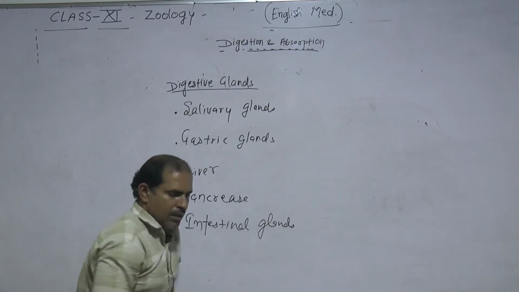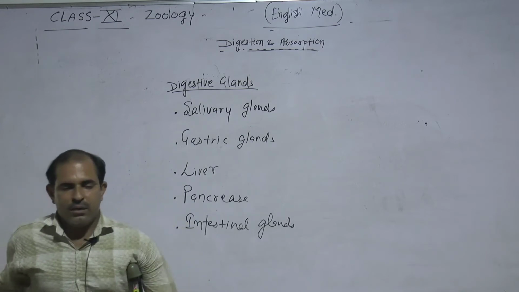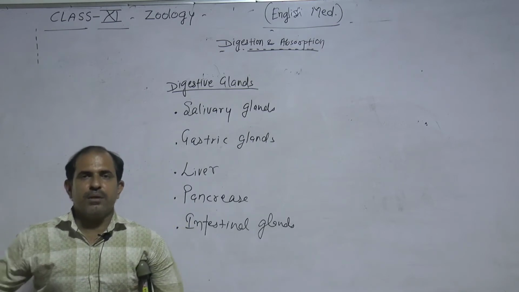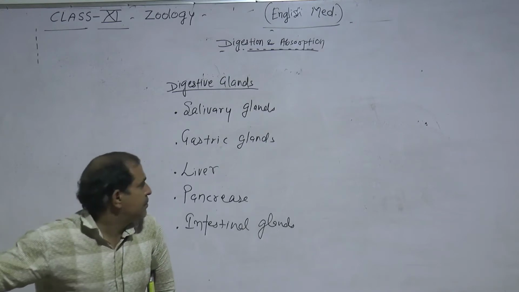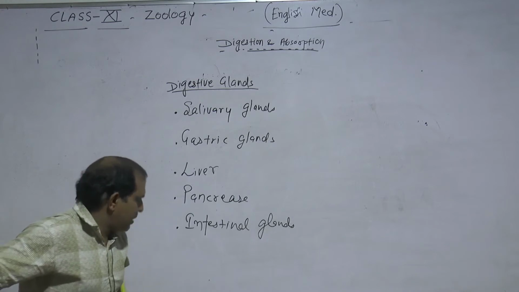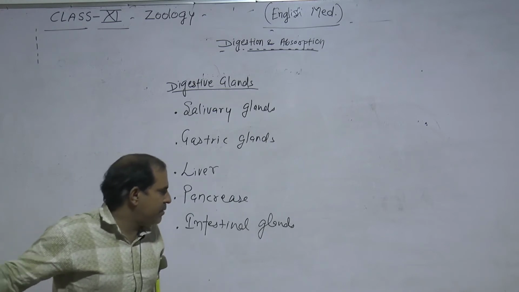It means in humans these digestive glands are present: salivary glands, gastric glands, liver, pancreas and intestinal glands. Now we will discuss one by one.